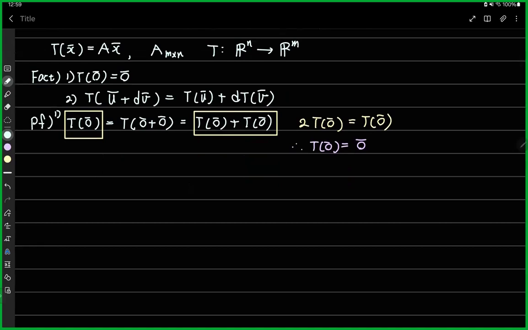Next one, let's say a theorem. I think theorem 11. Let me prove theorem 11 first, and then we'll go back to theorem 10.